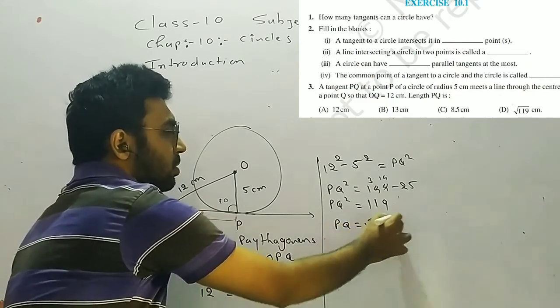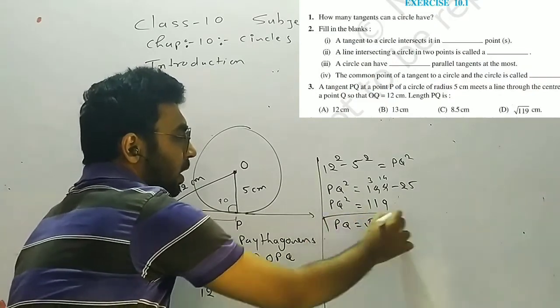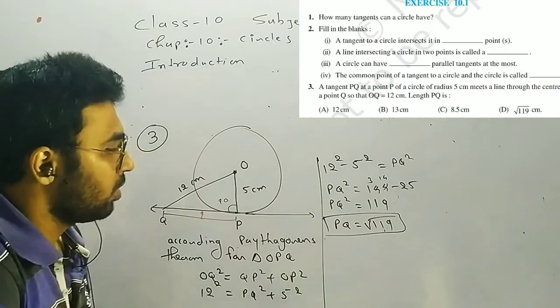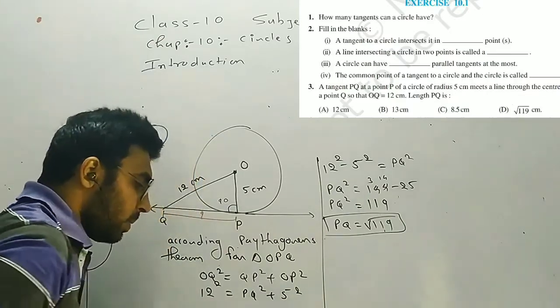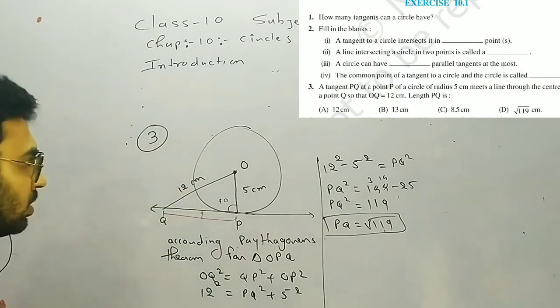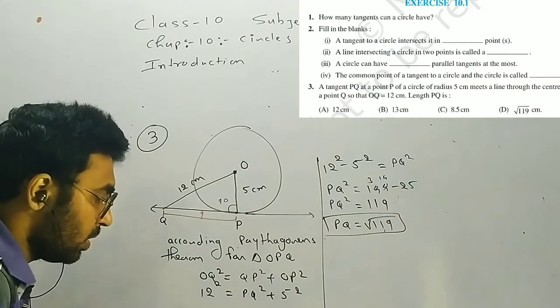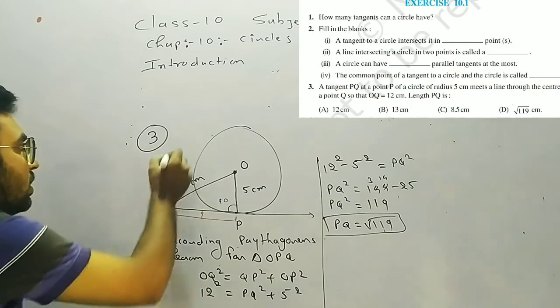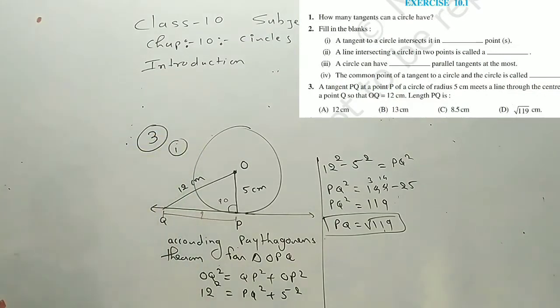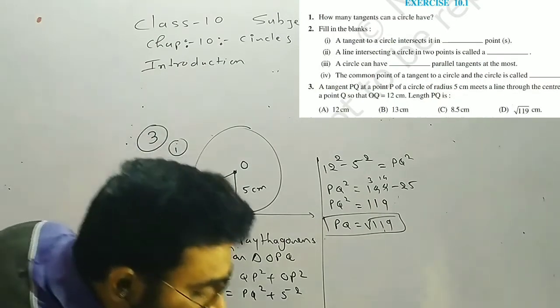So what is PQ? You get under root 119. So you can get these values. You can solve another problem like this. I am also solving one more example based on this. Pause the video and note down the first one. I am also solving the second one, and the next two you may go for homework.